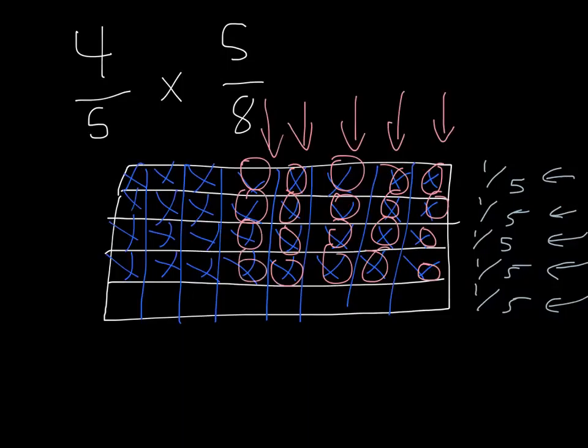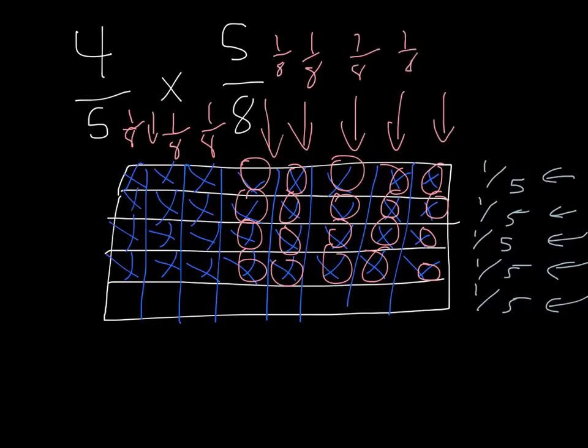So this is literally a picture of one whole that was split into 4/5, which were colored in, and then I found 5/8 of that colored in part. And that's what that question is asking me to do. Wait, but what did you circle? I circled 5 of my 1/8 strips. So these are all 1/8 going down, and I colored in 5 of those and left 3 of them open.